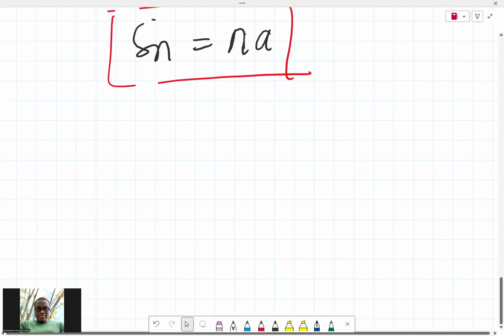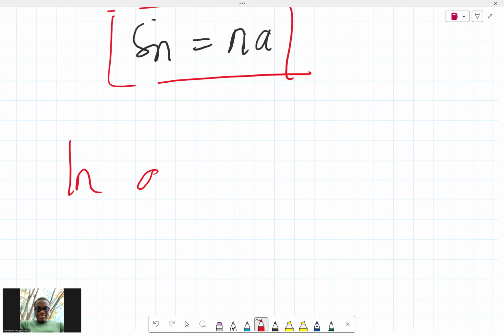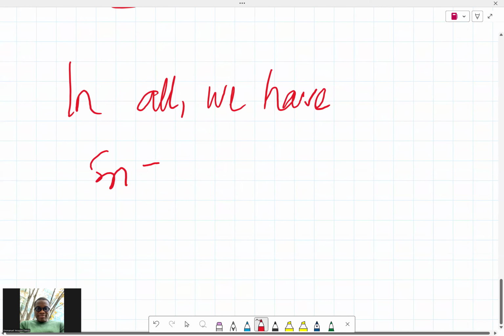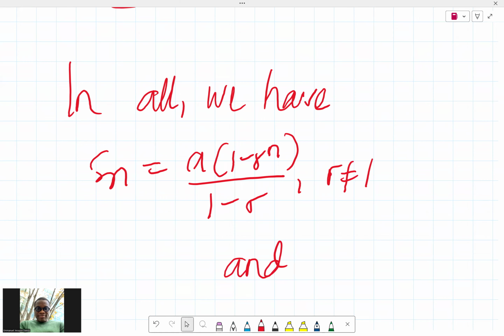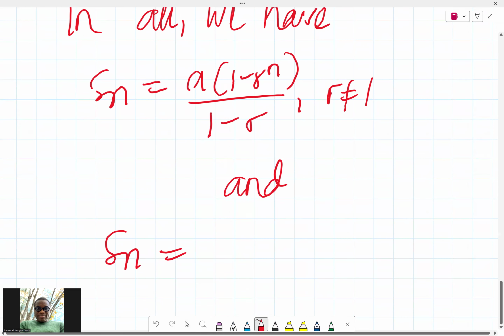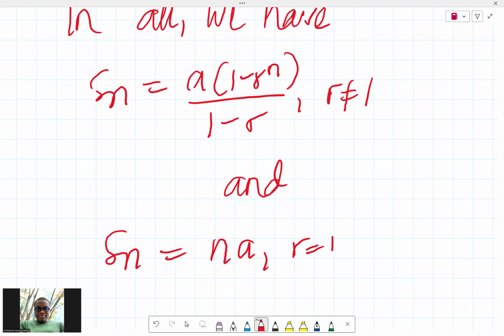Okay, so now we have the sums, right? Well, let's just summarize. In all, we have Sn equals a into 1 minus r raised to power n all over 1 minus r, given that r is not equal to 1, and Sn is equal to n multiplied by a, given that r is equal to 1.